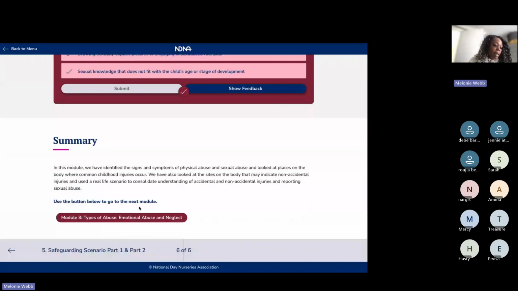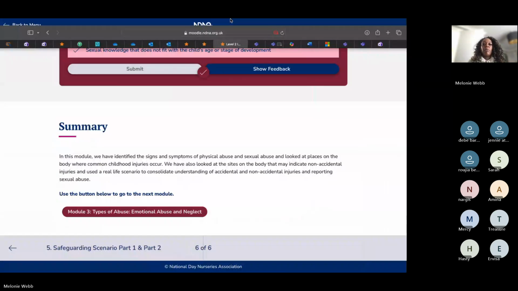We are going to take a 10-minute break because we've whizzed through those first two parts, and then we'll come back and complete the last module. If you can all come back at 10:18. Let's make it 10 minutes on the nose.